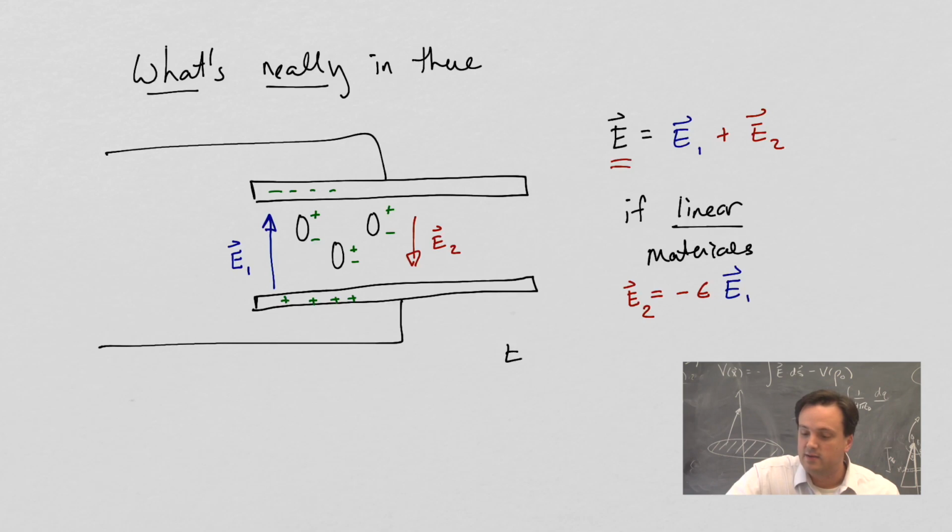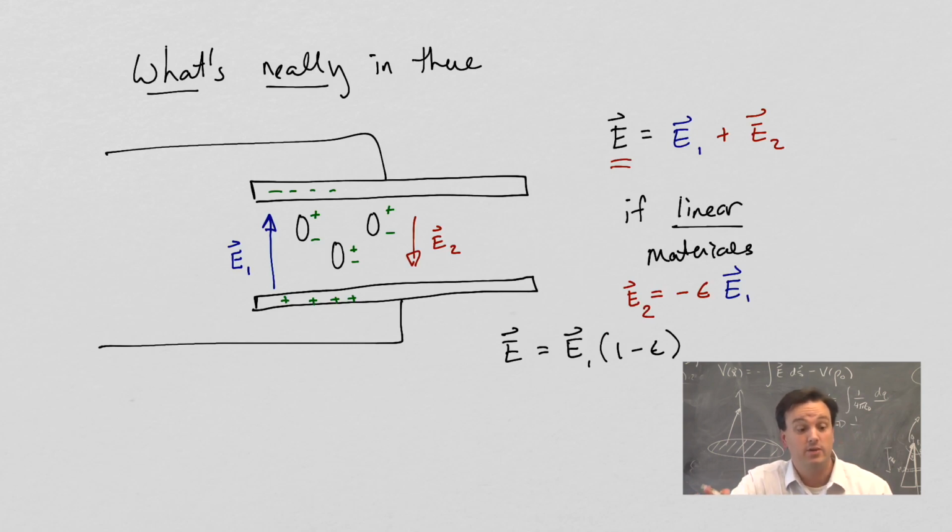Then I can write down the total E as the original electric field, E1, times (1 minus epsilon). And this is only true if I can treat the material as a linear dielectric, but that turns out to be a pretty good approximation for a lot of actual capacitors that we end up building.